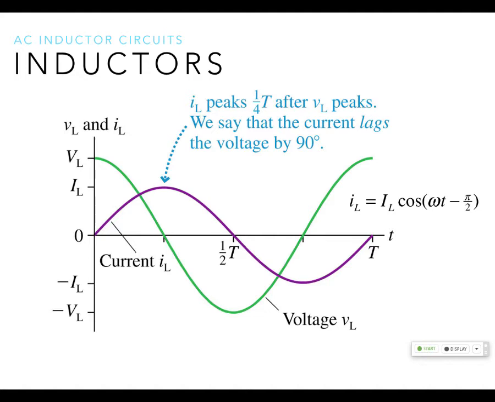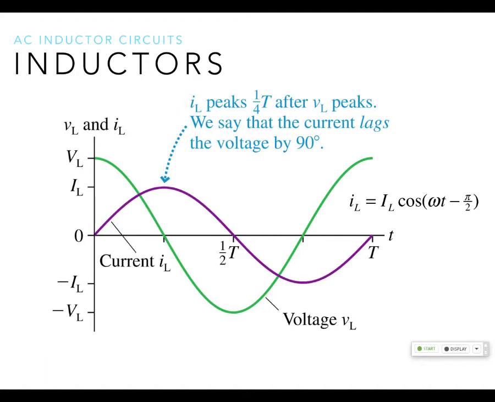And you go again, and voltage peaks, and you can imagine current peaks right here. So before, we had current peaking before voltage. Now we have voltage peaking before current. And so we say that the current lags behind the voltage here. Before, the current led the voltage.